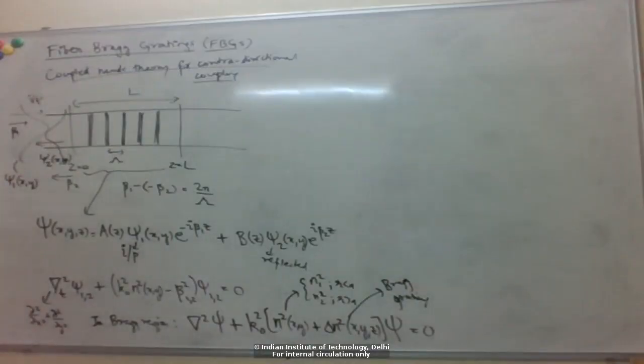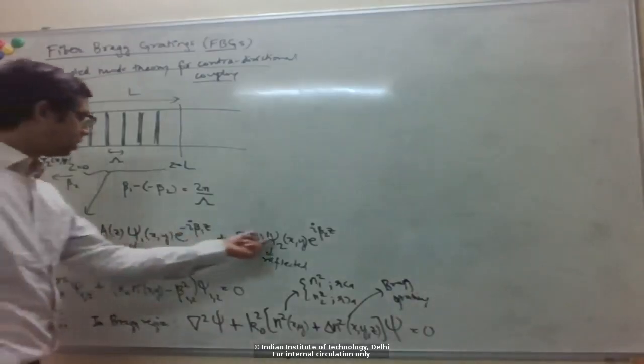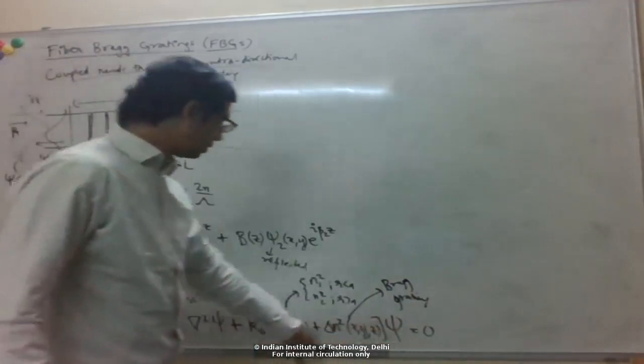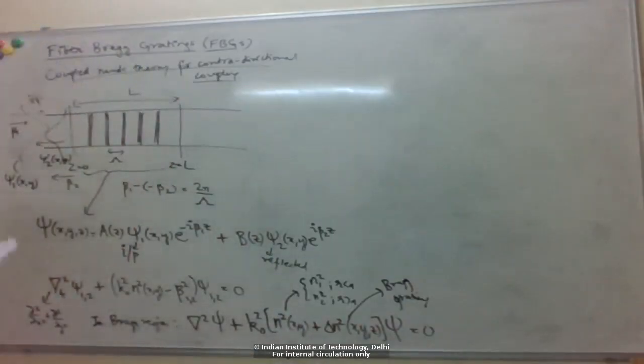So again, we follow a similar procedure, right? So we take this form for the field as a superposition of the bare modes, and then substitute into this wave equation that it needs to satisfy in the coupling region, right?